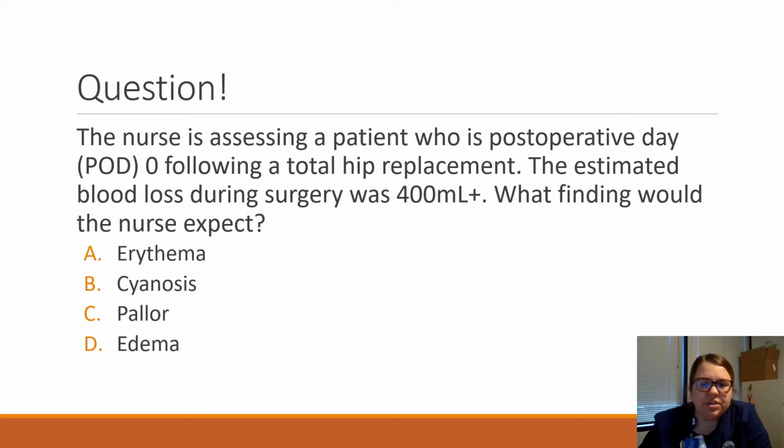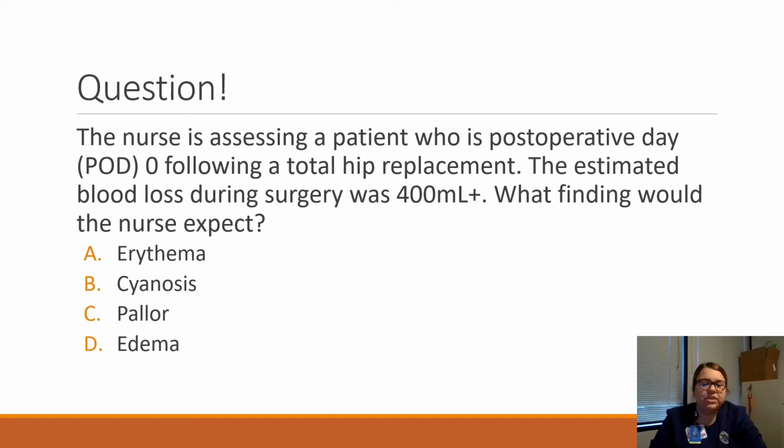So here's a question. We're going to do this together. The nurse is assessing a patient who is postoperative day 0, so POD 0, following a total hip replacement. The estimated blood loss during surgery was 400 milliliters plus. What finding would the nurse expect?